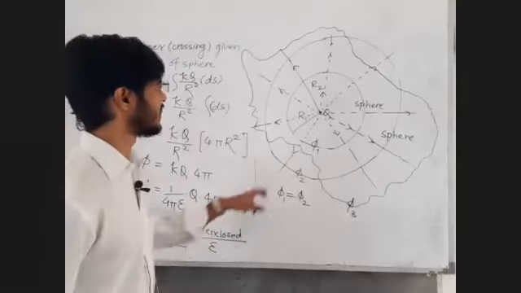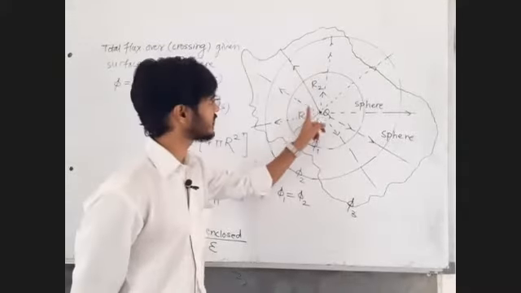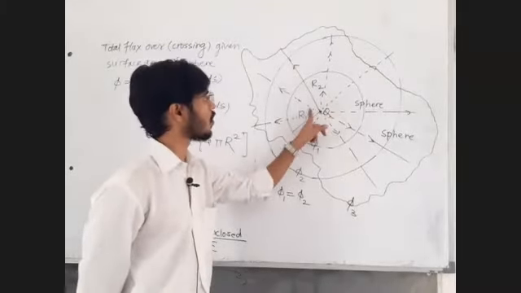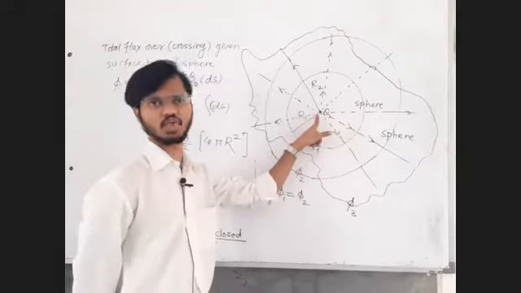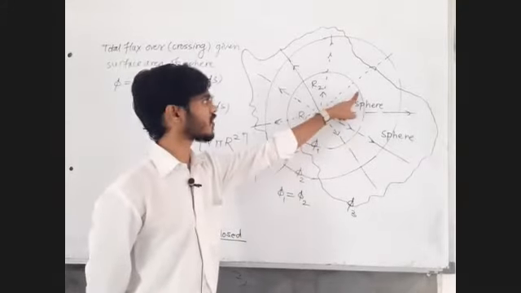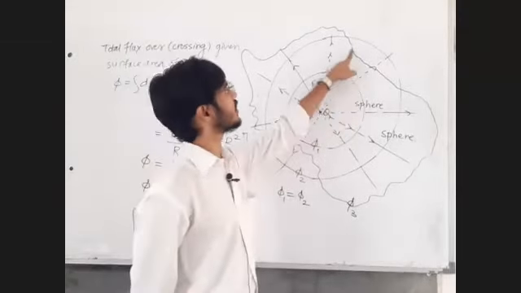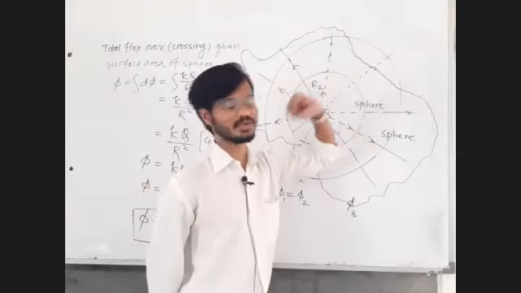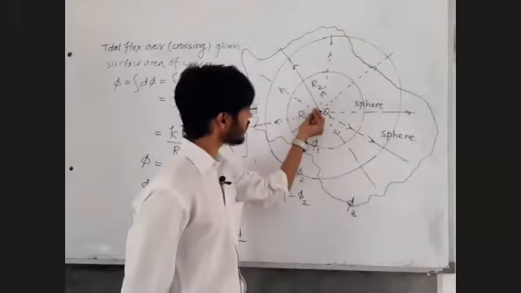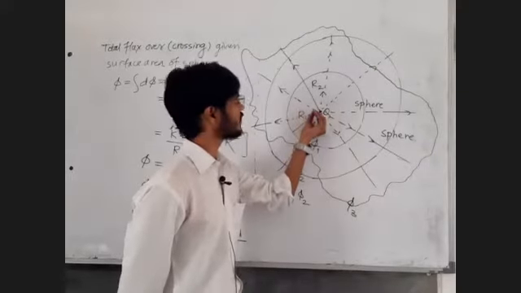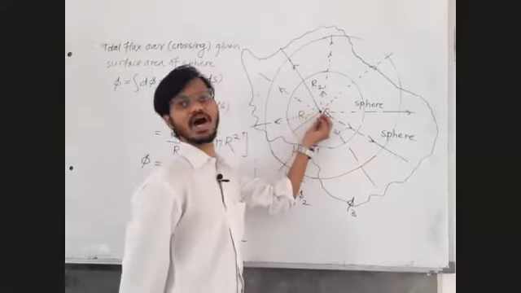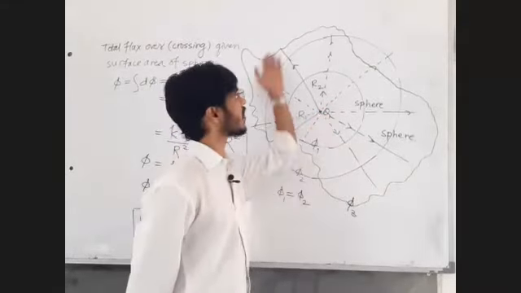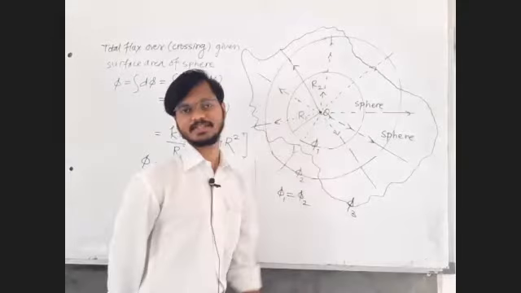Sir, the electric field lines originated from this charge Q are ultimately going to cross this surface, this random surface, and this outer sphere also. So whatever electric field lines have been created by this charge Q are ultimately going to cross all the three surfaces.